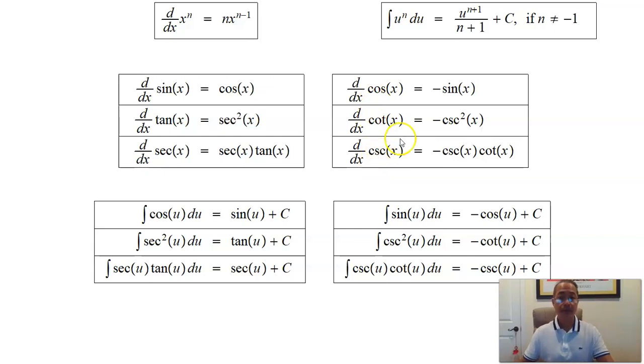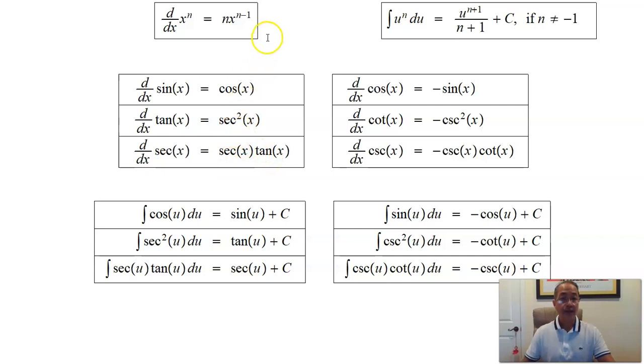That's how you remember where to put the negative sign for the derivative. The derivatives of all the cofunctions have a minus in front of the answer, but you still have to remember the rest of the answer. So the derivative of sine is cosine. The derivative of tangent is secant squared. The derivative of secant is secant tangent.